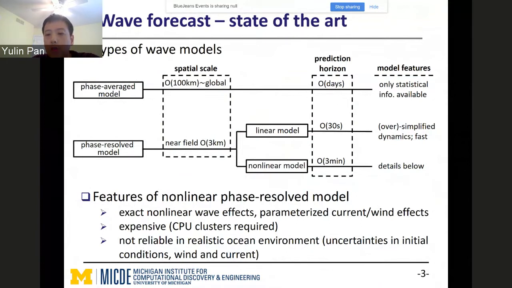So this model can be run very fast, but with the sacrifice of accuracy and realistic dynamics. The nonlinear model solves the complete nonlinear wave equation, which captures the exact nonlinear wave interaction effect and also the current and wind effect in a parameterized way. Because of this, the nonlinear wave model yields a much longer prediction horizon compared to the linear model.